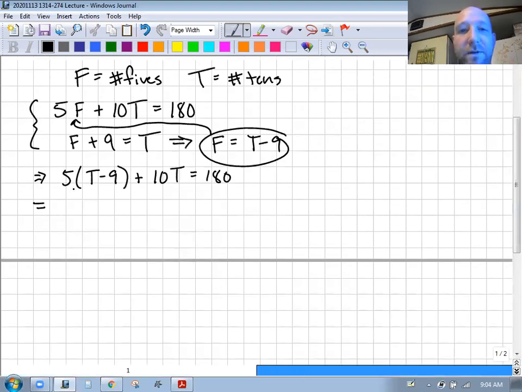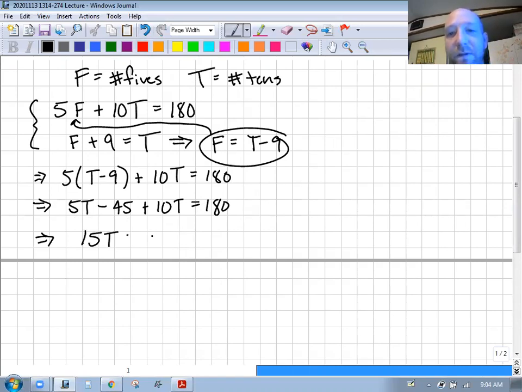So let's see here. We have 5t minus 45 plus 10t equals 180. So 5t and 10t is 15t. 180 plus 45 would be 225.